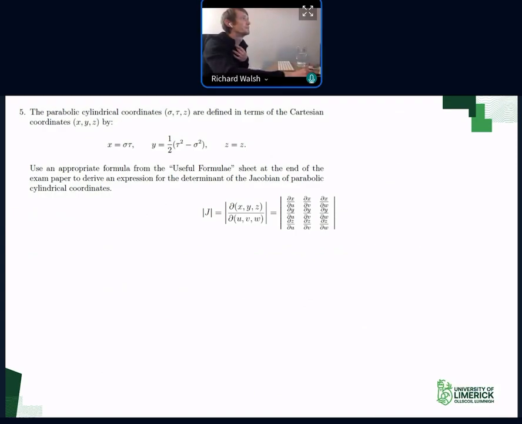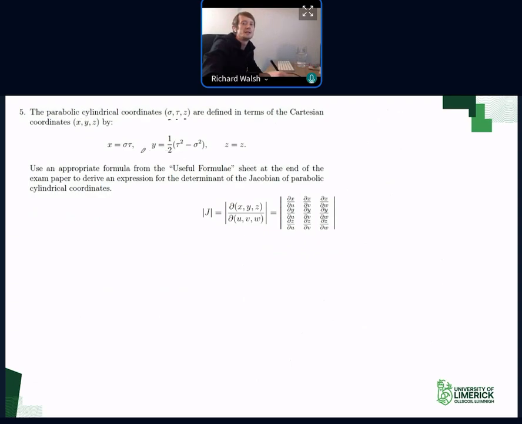Okay. We'll move to question 5. Now, question 5 reads a lot more difficult than what it is. It says the parabolic cylindrical coordinates, sigma, tau, and z. Z stays the same traditionally.